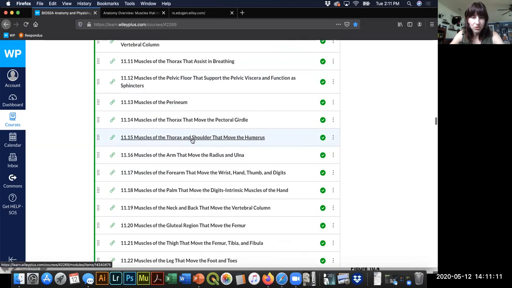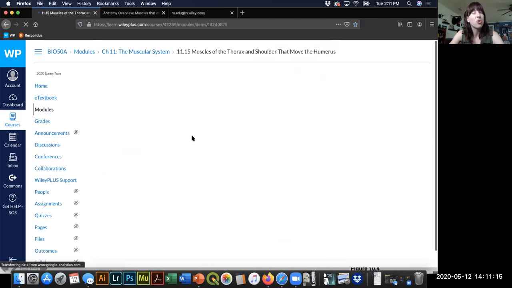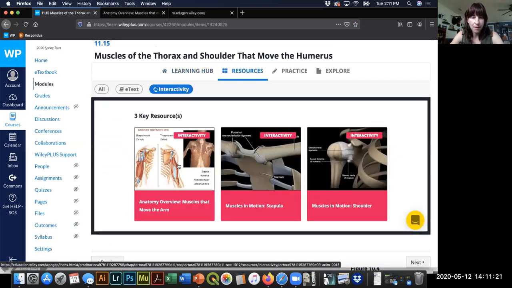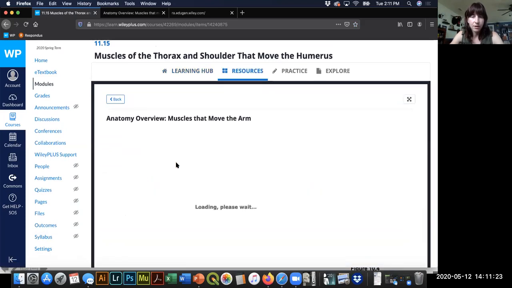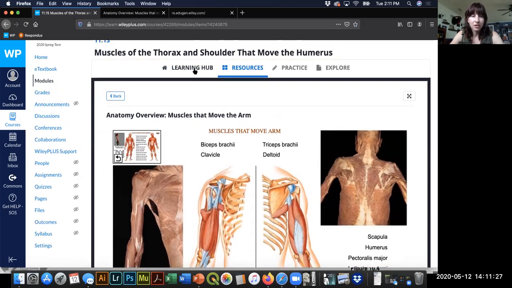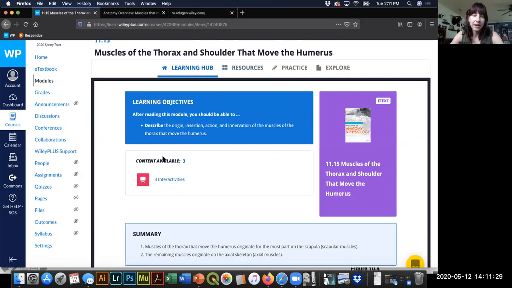This is kind of getting into that. We've got muscles of the thorax and shoulder, the pectoral girdle, and I know we haven't really talked about some of those things yet. So going into that module, looking at it just takes you to the learning hub, right? We've got our inner activities here.